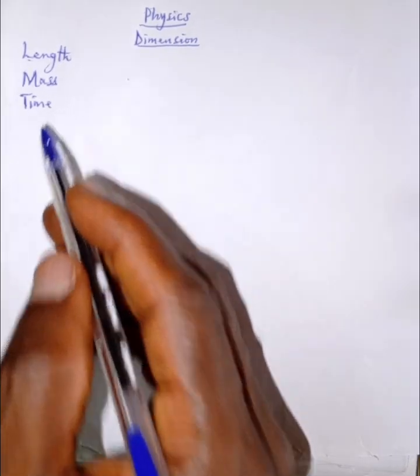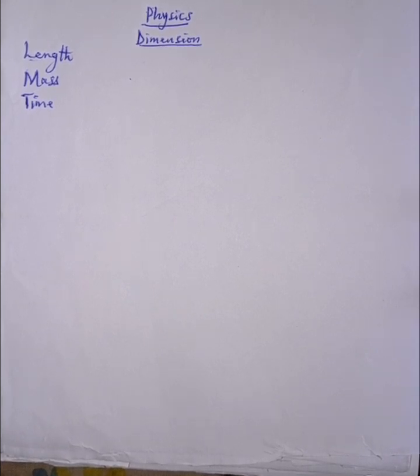They are the basic quantities from which other quantities are derived, on which other quantities depend. That was what we said in our last class. You can check our last video on quantities and units.